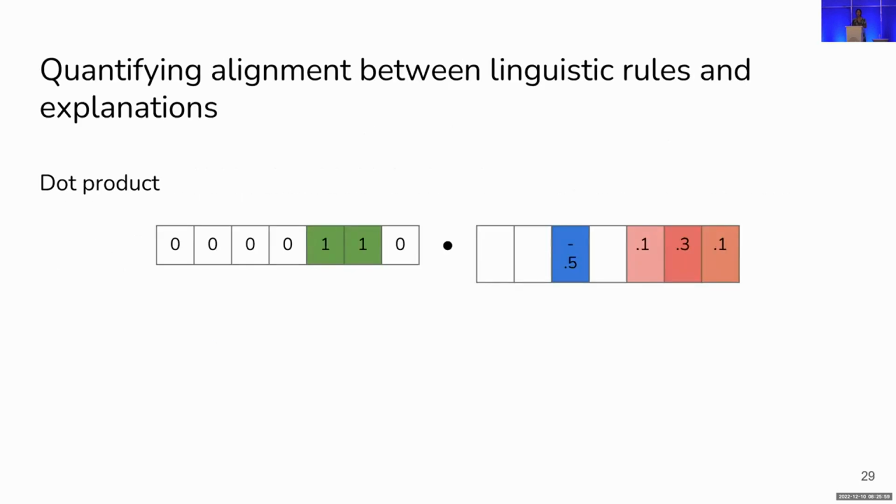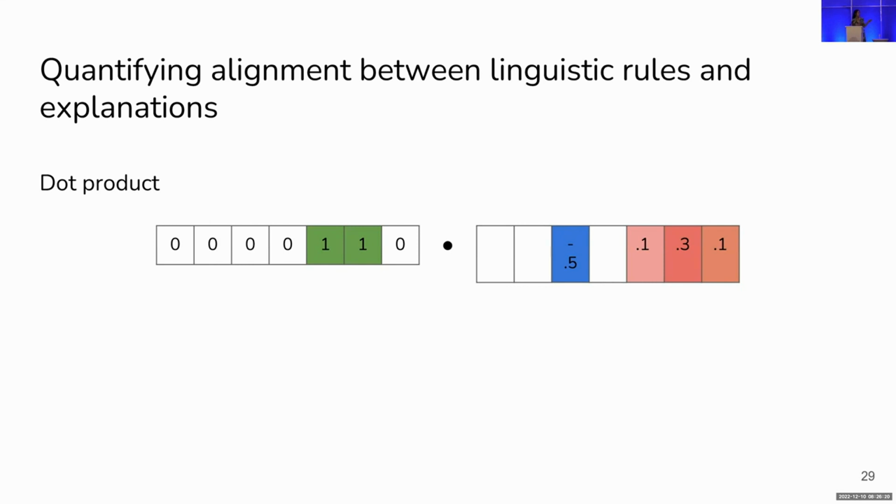Okay, so using these linguistic rules, as well as the contrastive model explanations, we can obtain vectors that encode the two types of evidence. On the left, we have a binary vector, which encodes the linguistic rules, where we have 1 if the token has been selected by our rule.